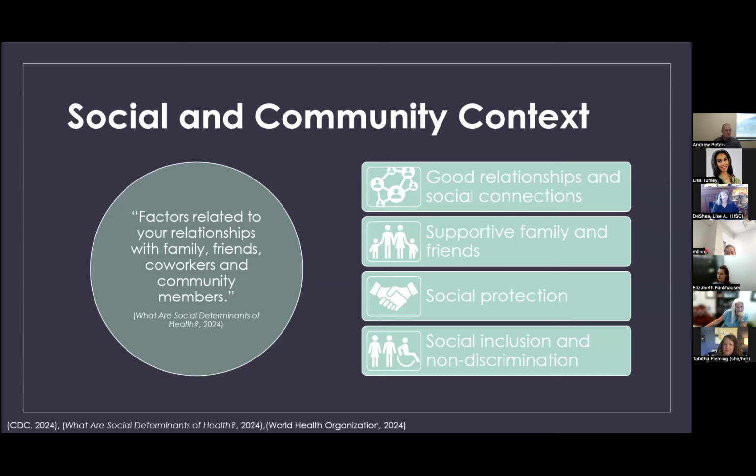Another part of social and community context in terms of social determinants of health is social protections, which might be laws protecting against discrimination. Discrimination overall leads to worse health outcomes, whether that be racism, sexism, homophobia, etc. And the last point is to not just protect against discrimination, but to have people be celebrated with social inclusion and non-discrimination.